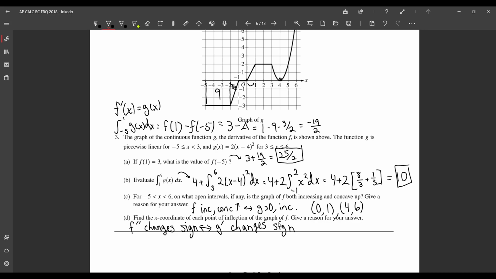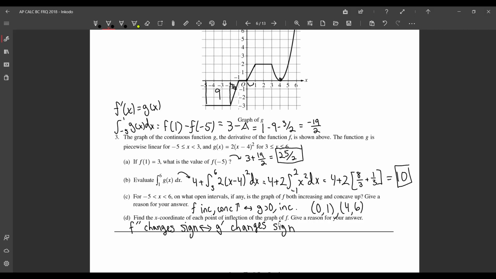So on these pieces where g is constant, that means f is linear. So I don't think that counts as an inflection point, because it's not changing sign. It's only going from 0 to positive or negative.